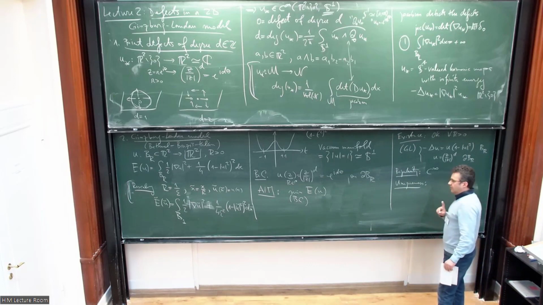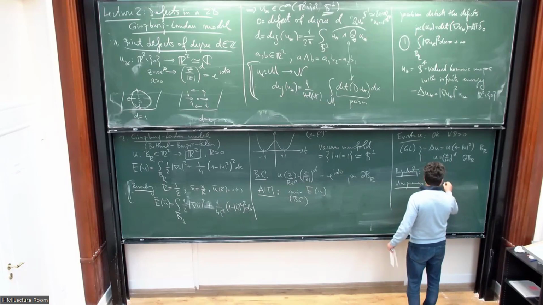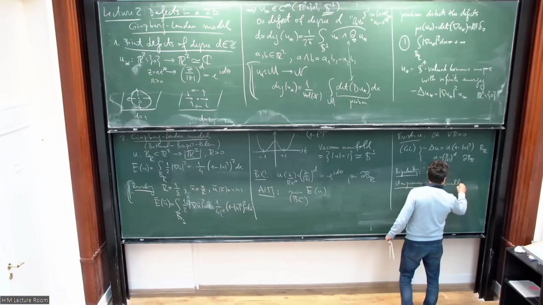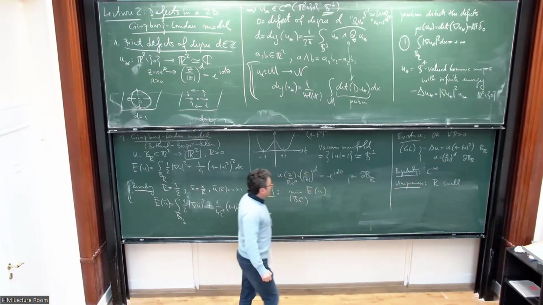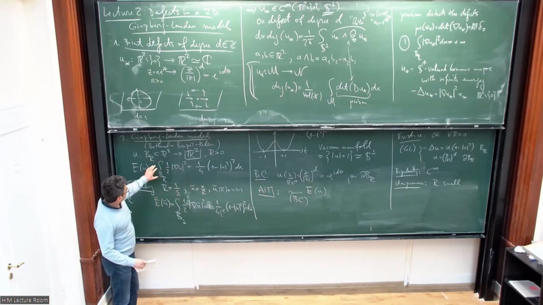So there are two regimes. The first regime is when R is small. What's happening when R is small?